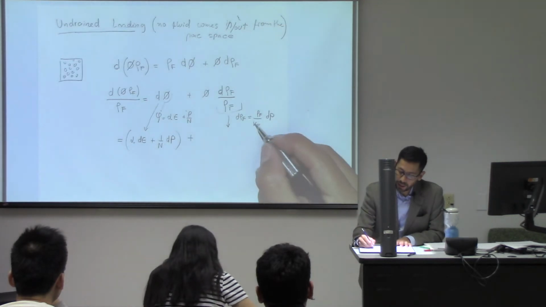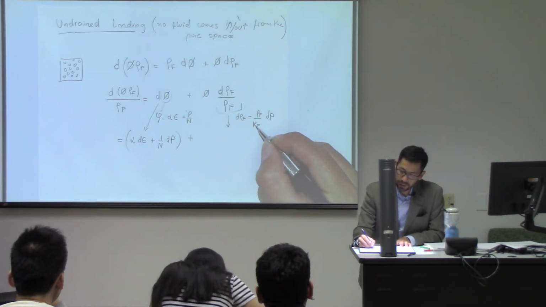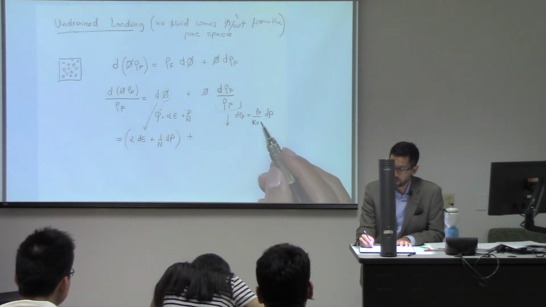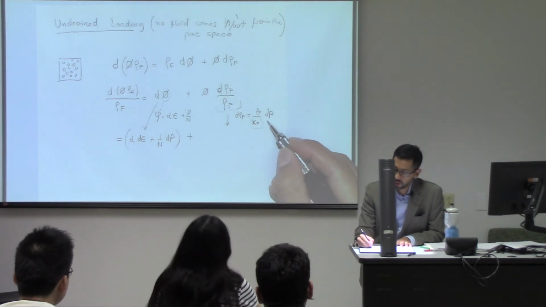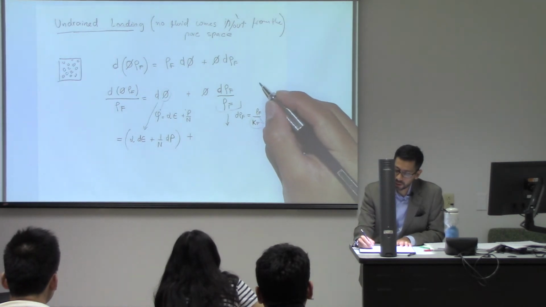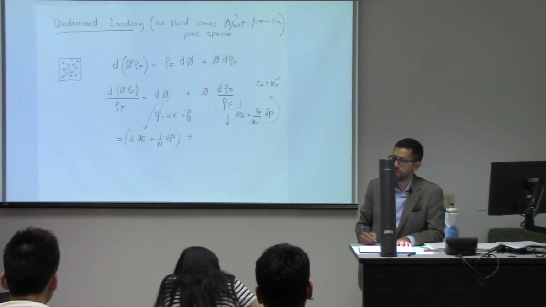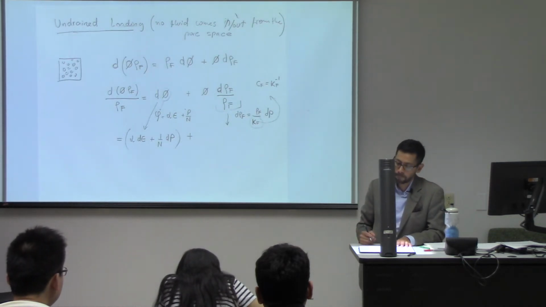And I'm going to work as it's done in the derivation in the book from Coussy in terms of bulk modulus of the fluid, but you should remember that the compressibility of the fluid is the inverse of the bulk modulus of the fluid. It's the same thing, okay?